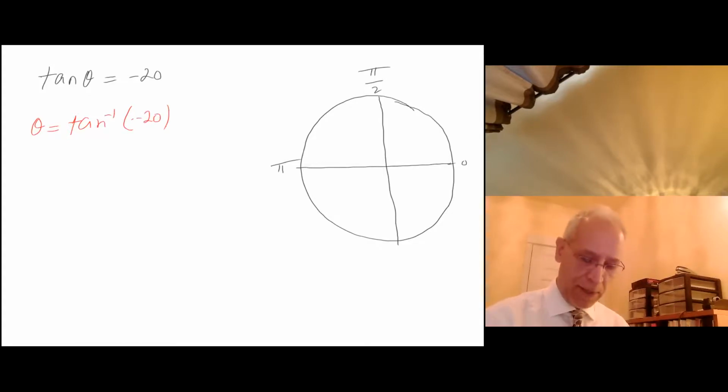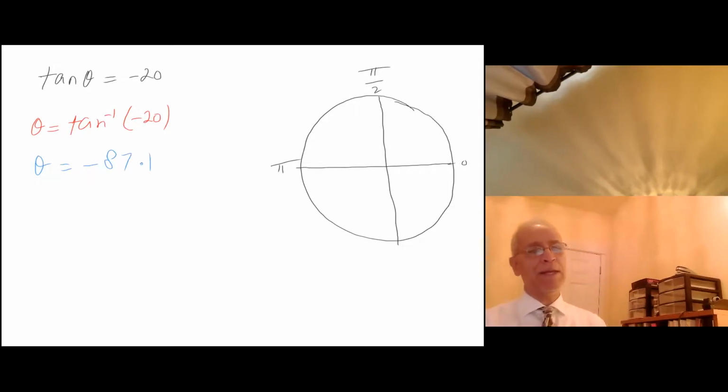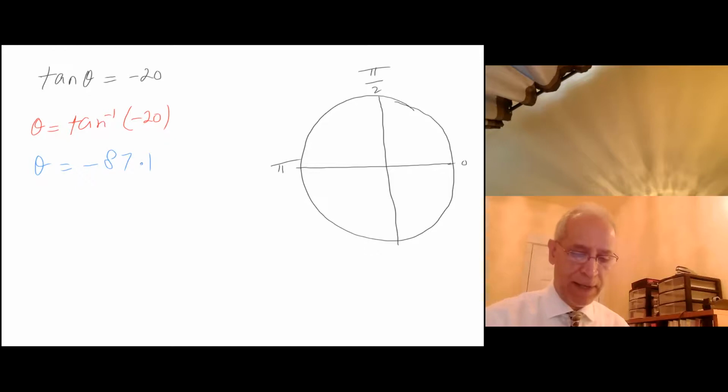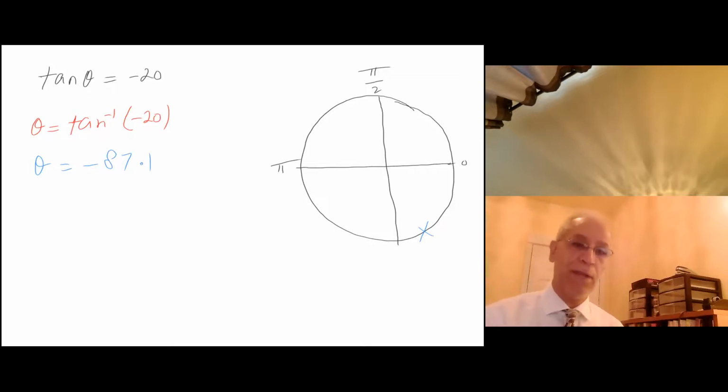Putting it in my calculator, that gives me theta equals -87.1. Well, negative 87.1 is somewhere in here, and that's not the area of interest. The area of interest is between 0 and pi.